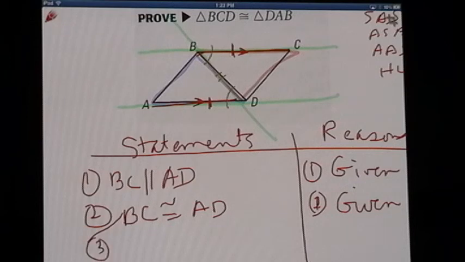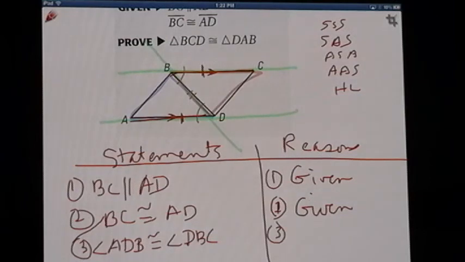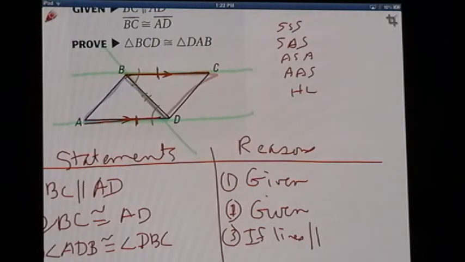Number 3, angle ADB is congruent to angle DBC, because if lines are parallel, then alternate interior angles are congruent.